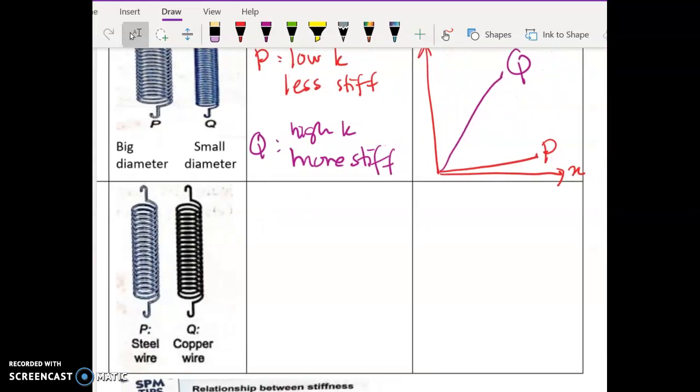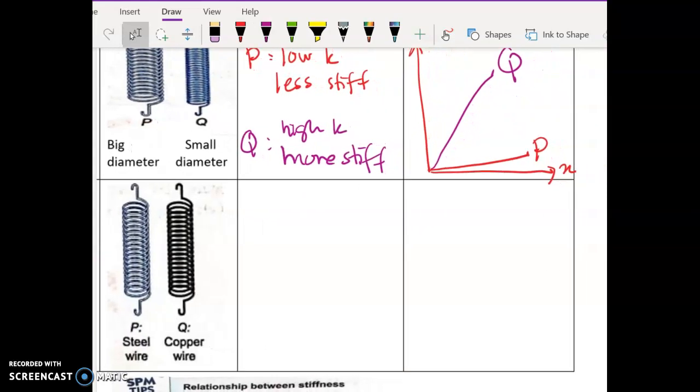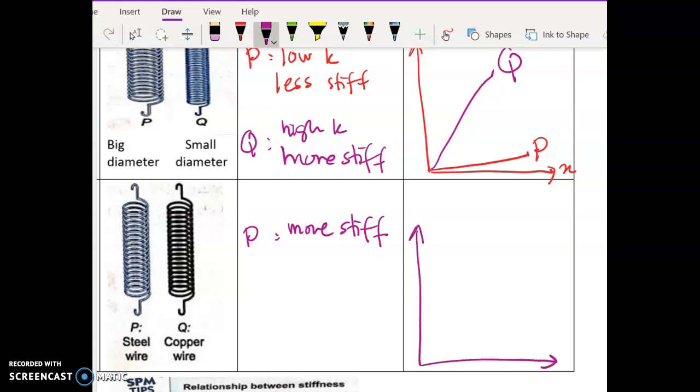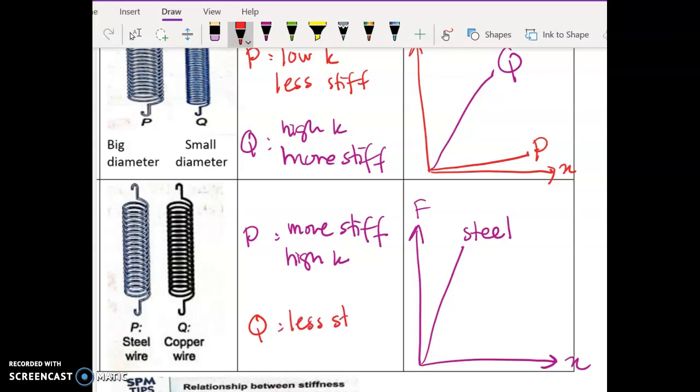We know that steel is a stronger material, so P is more stiff compared to copper. The graph of steel will be more steep, with a high spring constant. Whereas for copper, Q here, it is less stiff and has a low spring constant, which is less steep.